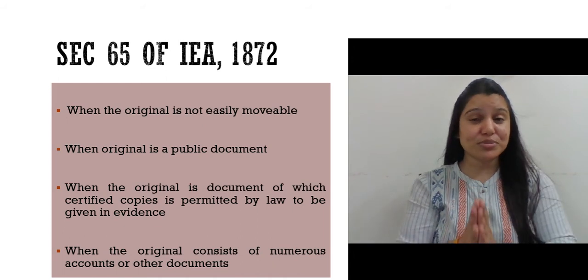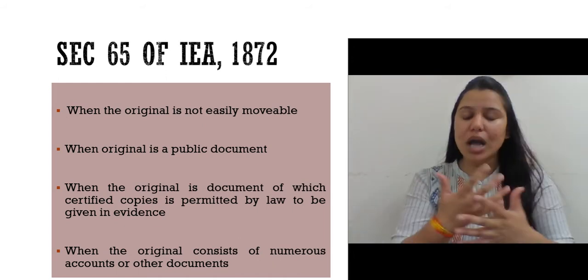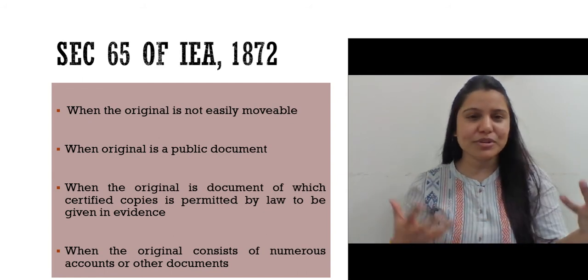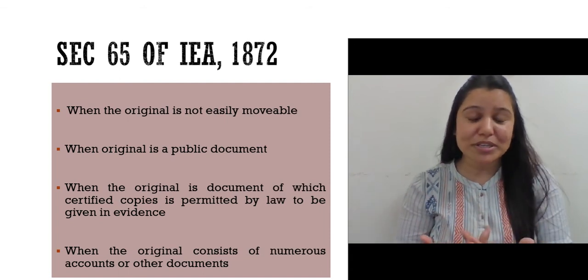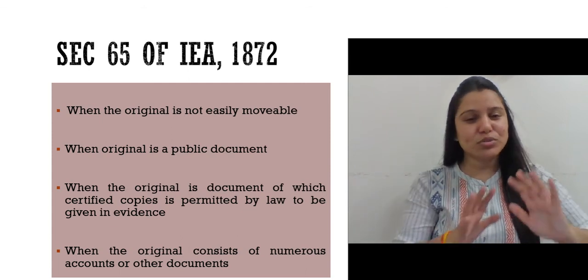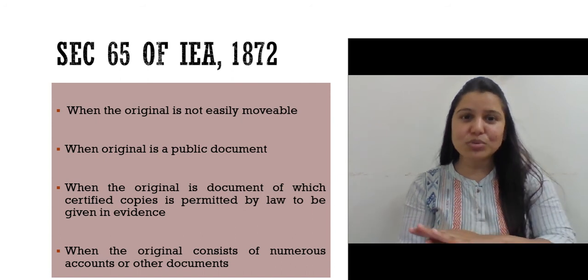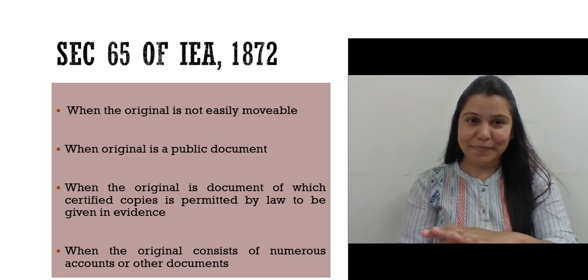Of course, in order to save the time of the court, when it comes to a big account book with a number of sheets and balance sheets, the time of the court will be consumed. So here an overall result of those numerous accounts can be submitted, and that overall result will be taken as the secondary evidence.